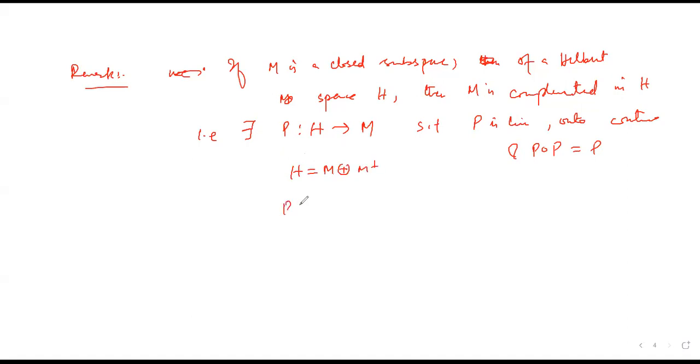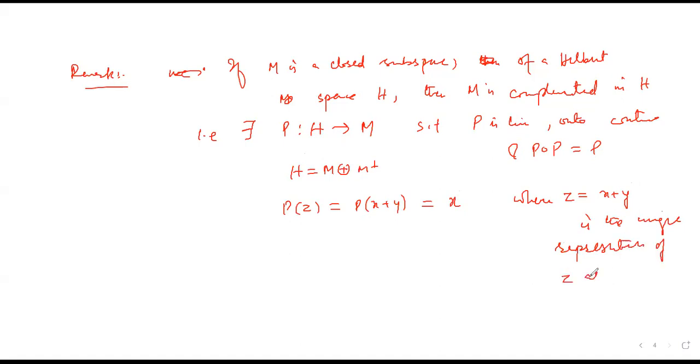So you define P of z to be, the same thing as P of x plus y, we write it as x, where z is equal to x plus y is the unique representation of z as a sum of vectors in M and M perp.